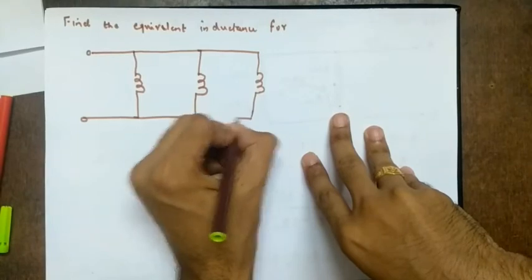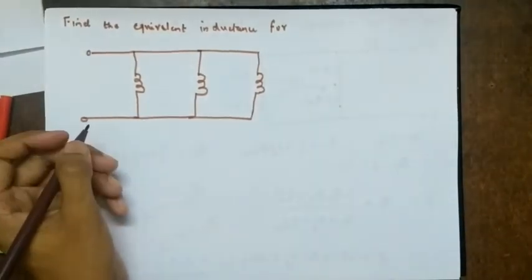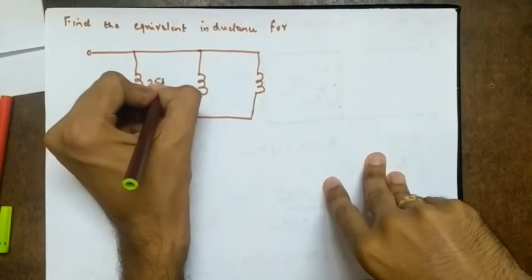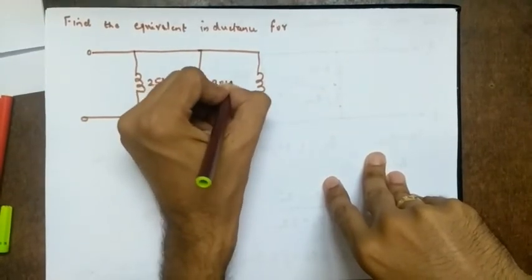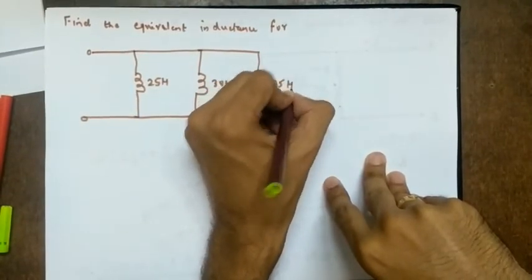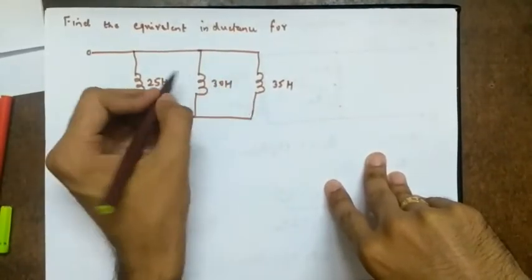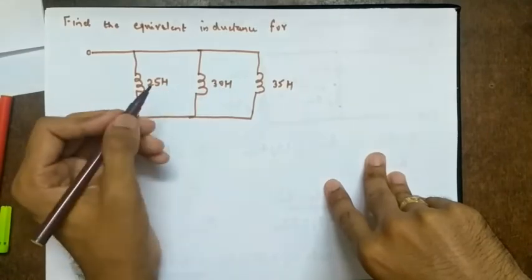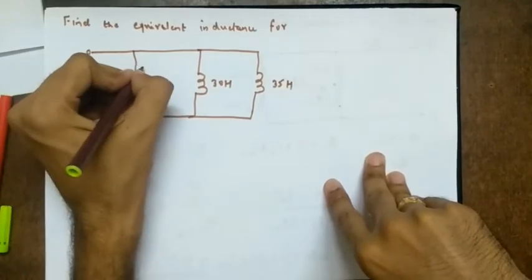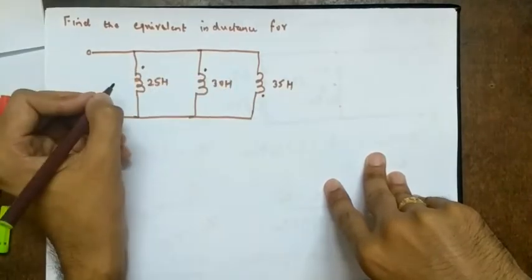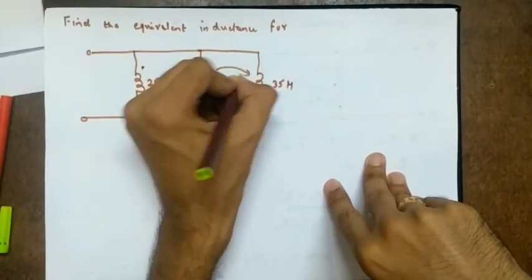We have taken two inductors in parallel, so the complexity is just increased by a factor of 1. So this is 25 Henry, 30 Henry, 35 Henry. I could use different sketch pens to show the dots, the lines and the values, but I use the same sketch pen purposely because in the exam you will have one color only. To acclimatize you with the exam, I am using the same color.